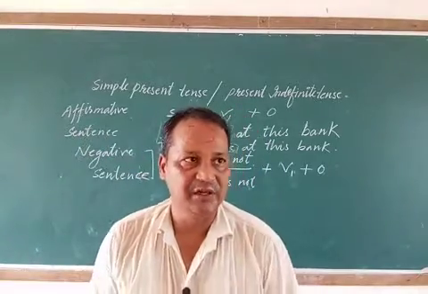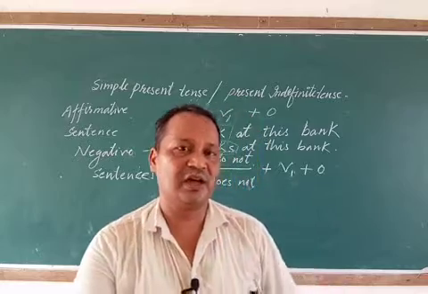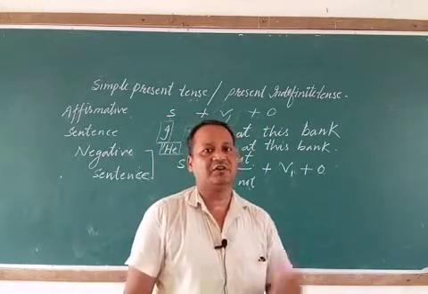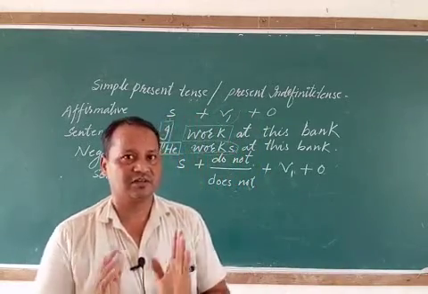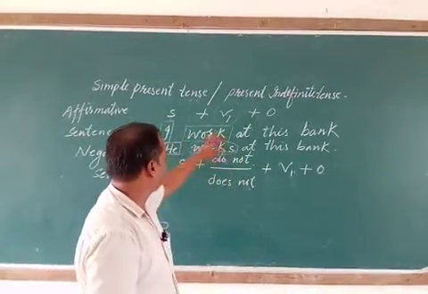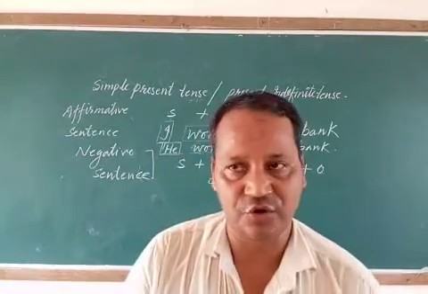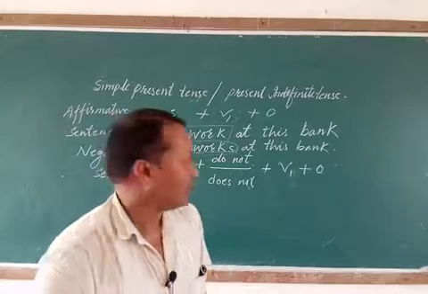I mean to say, we have to make the verb singular so that the verb can agree with the subject. Means the subject and verb should agree with each other. So if we are going to make the verb singular, we will have to add s or es to the verb.